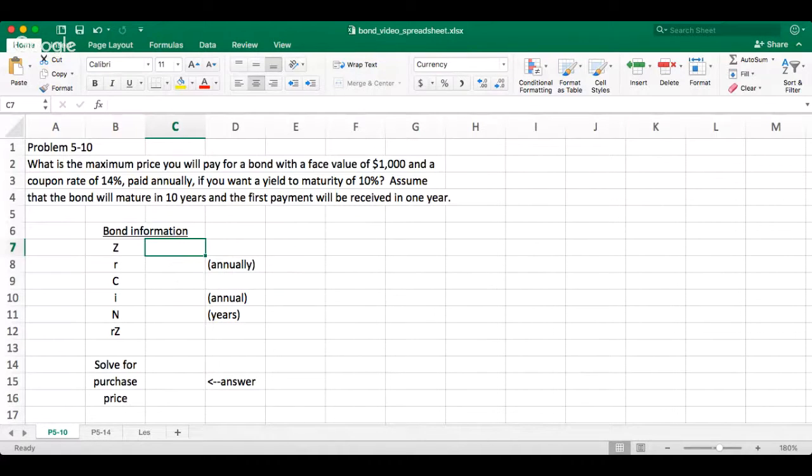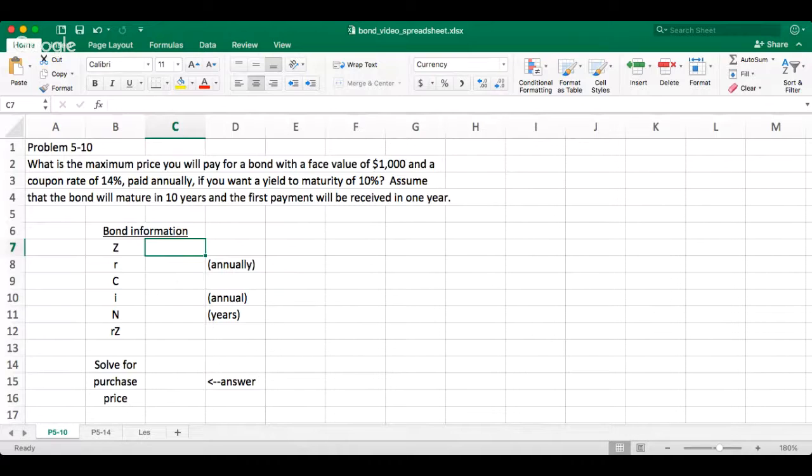With a face value of $1,000, it tells us what Z is, and a coupon rate of 14% paid annually. So we know R is 14% and it's paid annually. That makes things easy. If you want a yield to maturity of 10%, that's our desired interest rate.